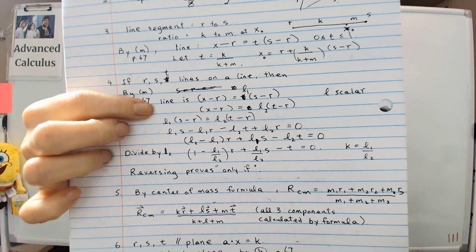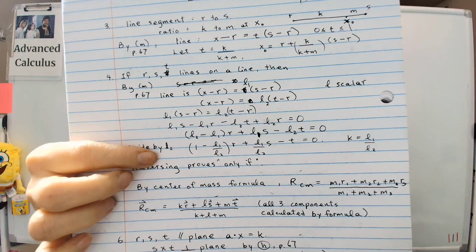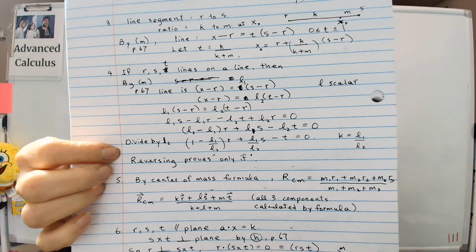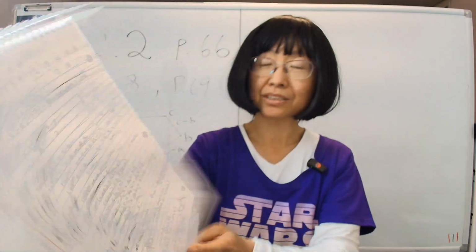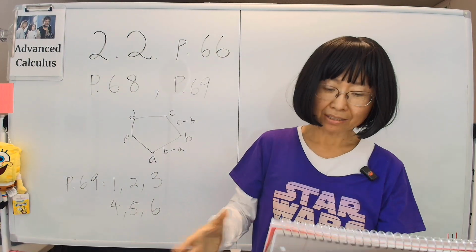Then we add up these two and get something like this, where we allow k equal to L1 over L2, and then we get the equation that the book is asking for. That's assuming they are on the line.